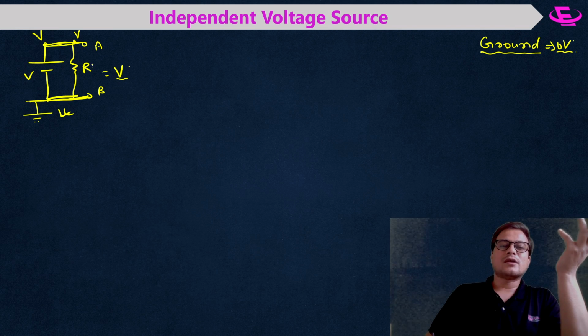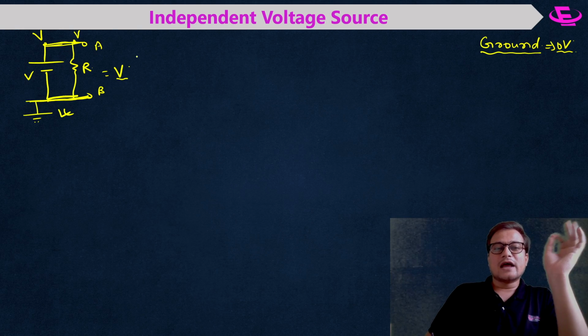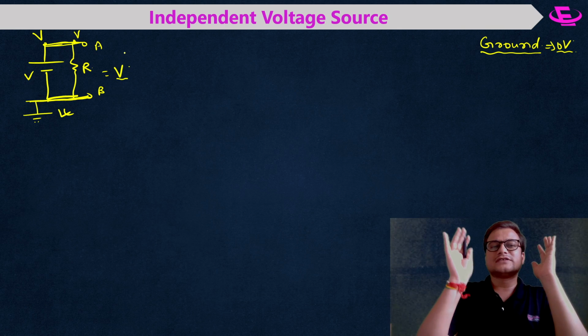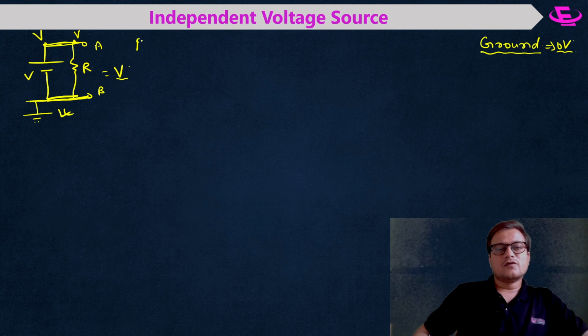Then you are getting simply the ideal voltage. That's why for a practical voltage source, the resistance is shown in series only. This question is asked in examinations many times. Your answer will be for the practical voltage source.